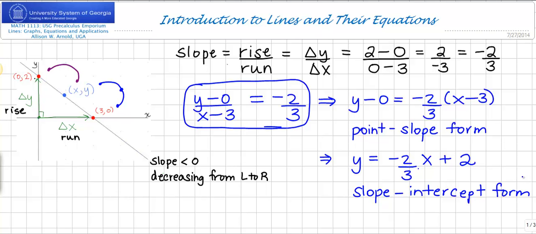What's notable about slope-intercept is that you can clearly see the slope, which was here and here, as the coefficient on x. And you can also clearly see the y-intercept that we already knew we had. So those are our options for writing the forms of the equation of a line.